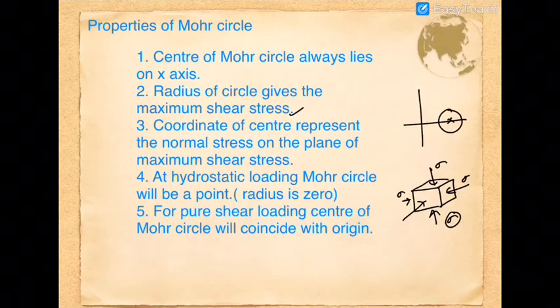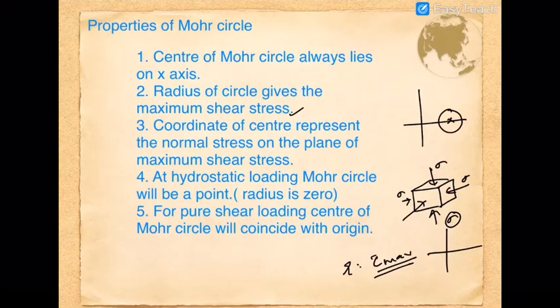In such a condition, no shear stress develops, so shear stress is 0. The radius of the circle is always equal to the maximum shear stress, so the radius is 0, and the circle will be represented as a point on the axis.